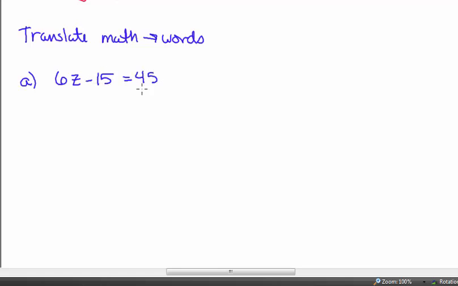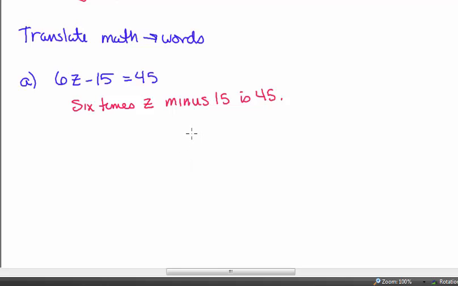And just know that for your own work, you only need to give me one correct answer. You don't have to give me all the possible correct answers. So for my first one, I've got 6 times z minus 15 is 45. That's the very basic way to write that.